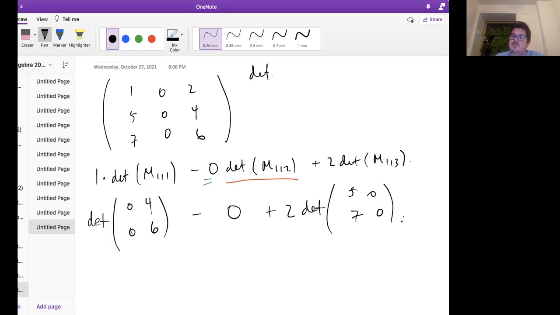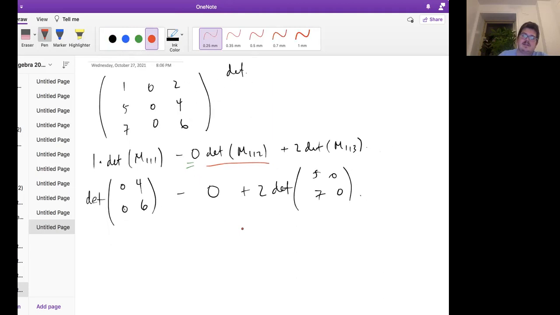Now, can I ask you, did that even matter? It didn't matter that we had 1, 2, 5, 4, 7, 6 there, right? They could have been A, B, C, Ds, right? I'll leave it to you to check out if the third column is all 0s.